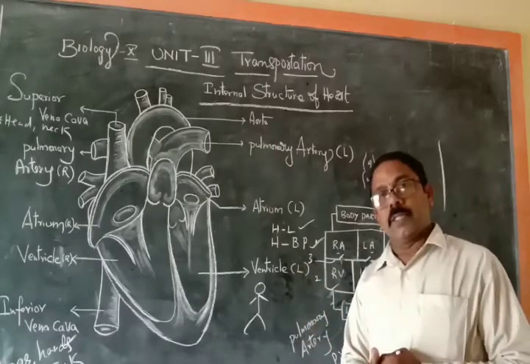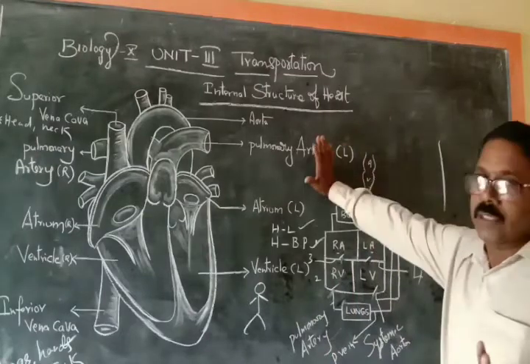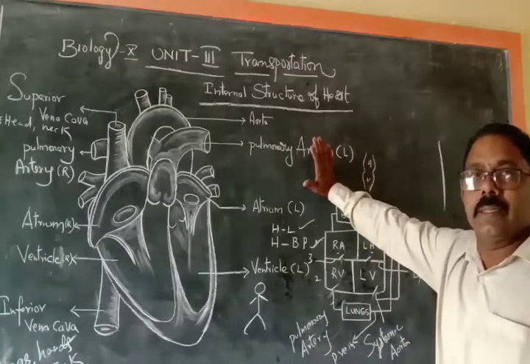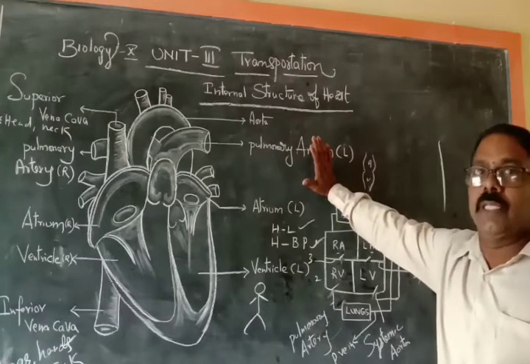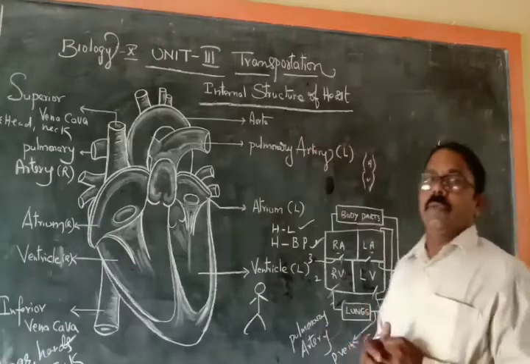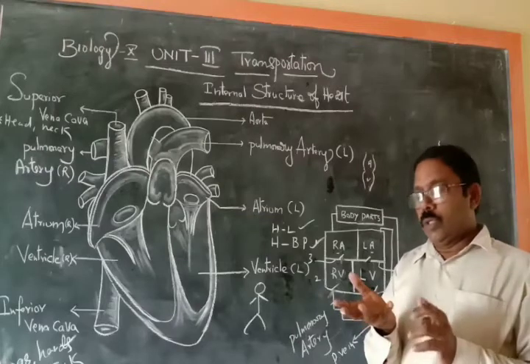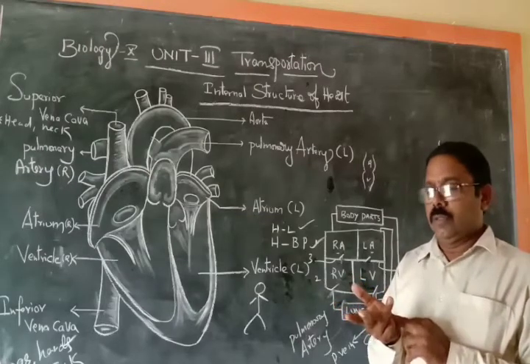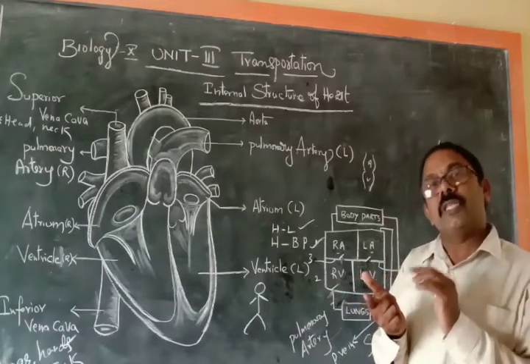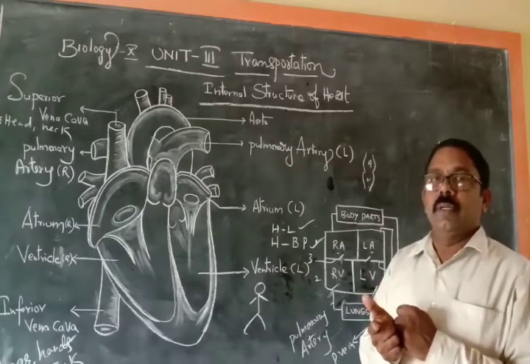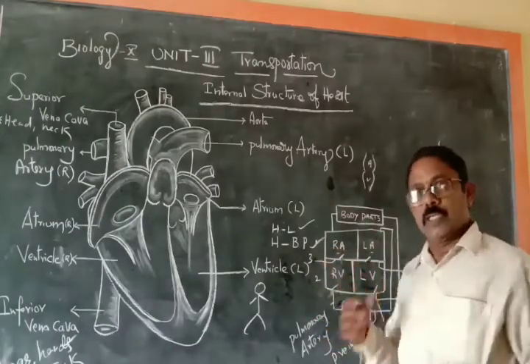Next, the open type of circulatory system. It is mostly seen in insects like cockroaches. In this kind of circulatory system there are no particular blood vessels and no particular pigments. The blood flows freely in sinuses, not inside blood vessels.